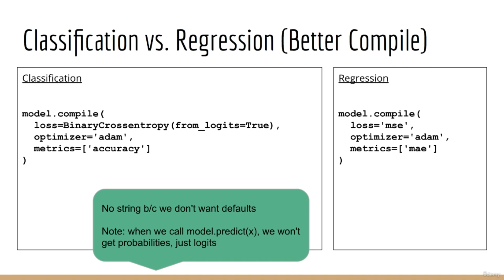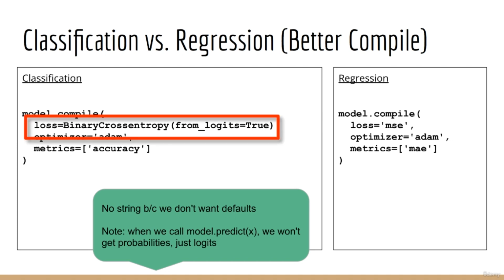The next change comes from how we call compile. As you recall, when we specify the loss function, we can use a string, but only when we're okay with the default values. Now we are not okay with the default values because we have to tell TensorFlow that the loss function should be combined with the sigmoid. In order to do this, we create an object of type binary cross entropy, and we pass in the argument from_logits equals true.